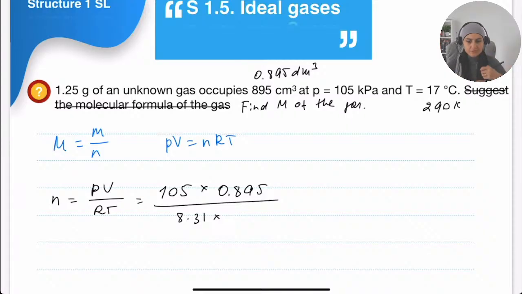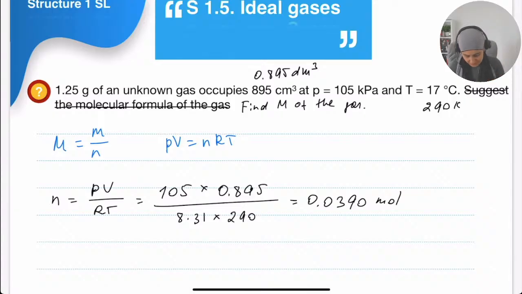So 100 times 0.895 divided by 8.31 and divided by 290 gives me 0.0390 moles.